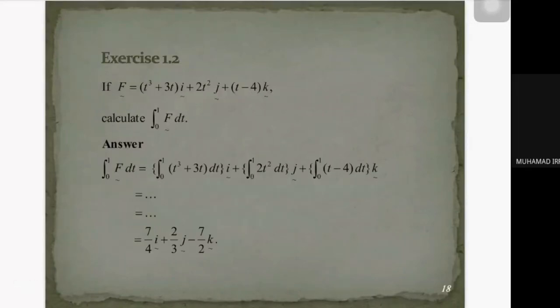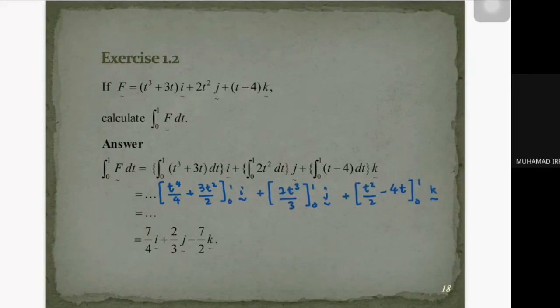Let's try this exercise. Given f is equal to (t to the power of 3 plus 3t) i plus 2t squared j plus (t minus 4) k. Find the integration of f with respect to t from 0 to 1. So let's integrate this: t to the power of 4 over 4 plus 3t squared over 2, from 0 to 1.